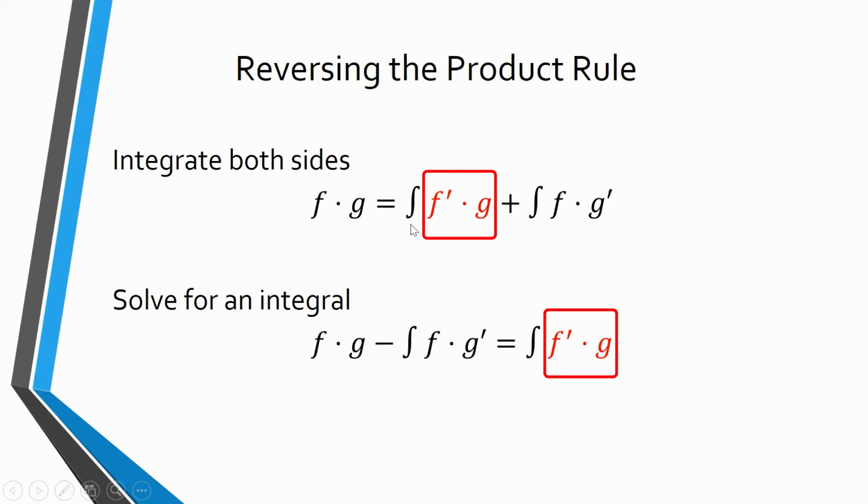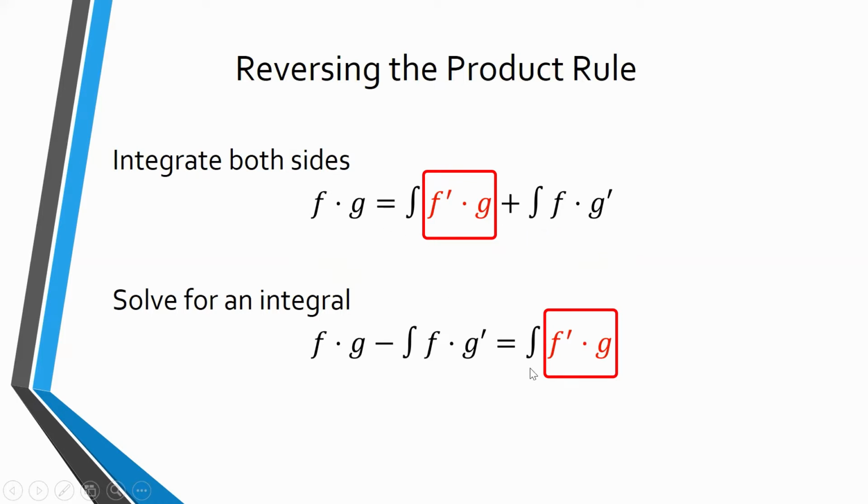If I want to figure out how to integrate f prime times g, I can simply solve this equation for this integration. What that would force me to do is subtract the integral of f times g prime from both sides of the equation.